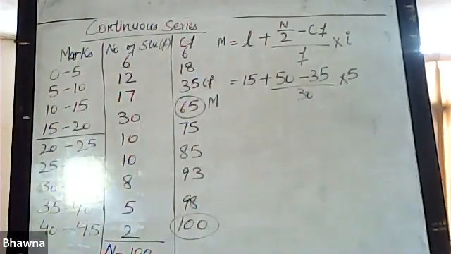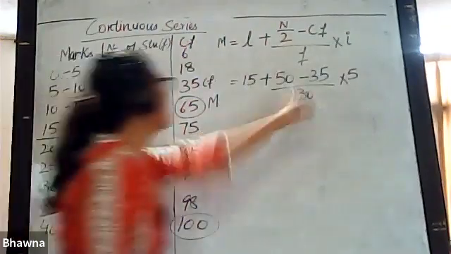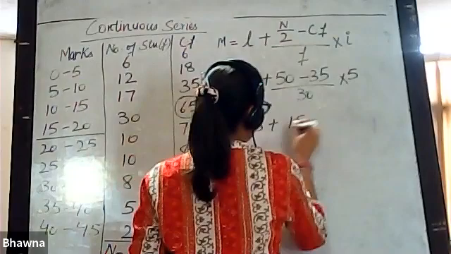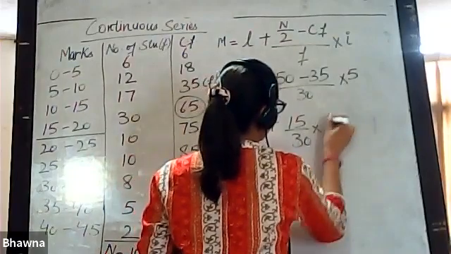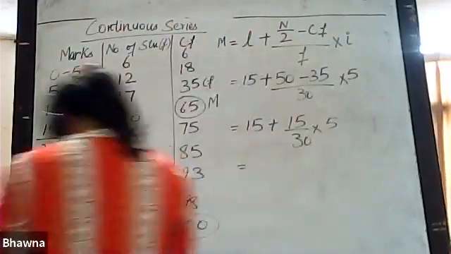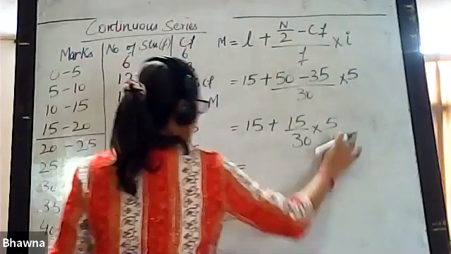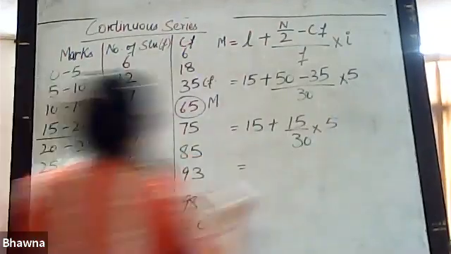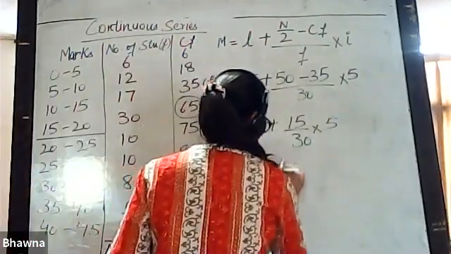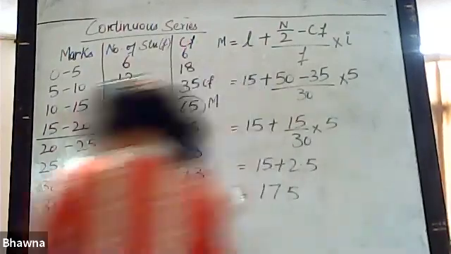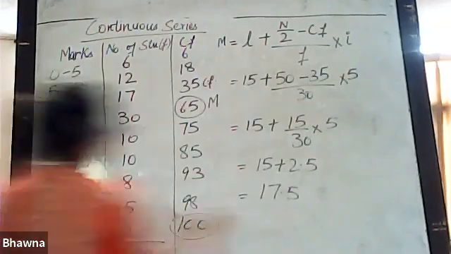So 15 plus 50 minus 35 over 30, into 5. Now we calculate all this: 15 plus 2.5, that is 17.5. This is your answer.